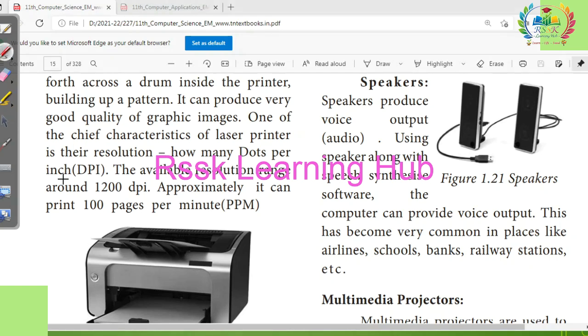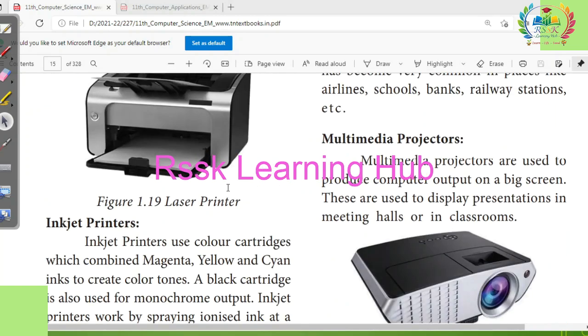The resolution is 1200 DPI. Approximately it may print 100 pages per minute, that is PPM. Compared to impact printers, this non-impact printer is very efficient and easy to use.